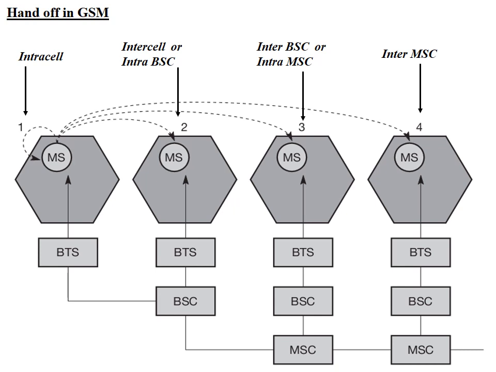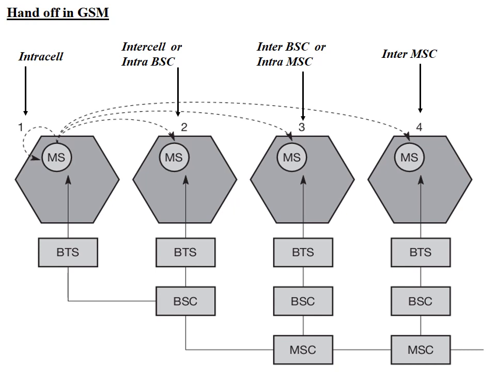Now the next point is the handoff in GSM. The handoff in GSM is of these four types: intracell, intercell or intra-BSC, inter-BSC or intra-MSC, and the last one, inter-MSC handoff.